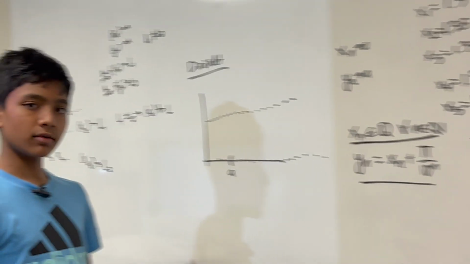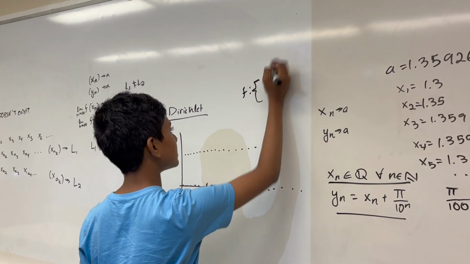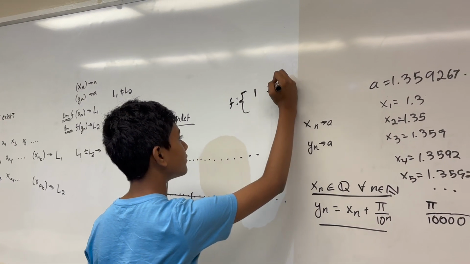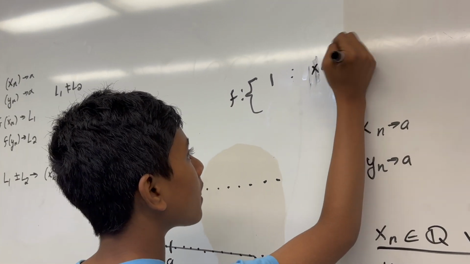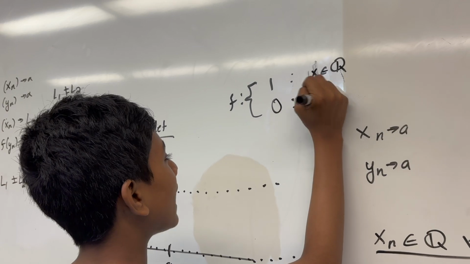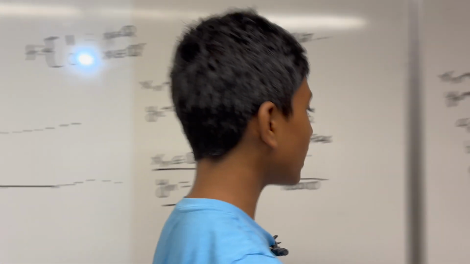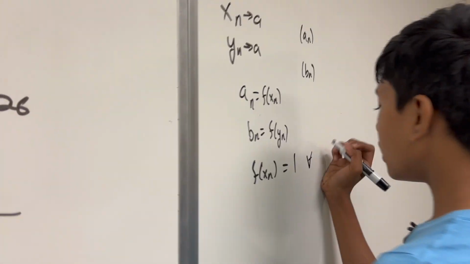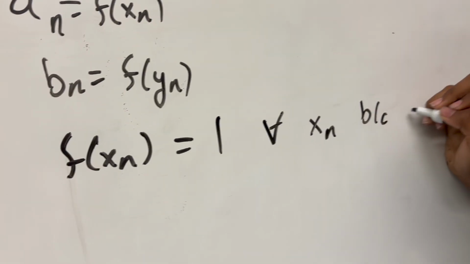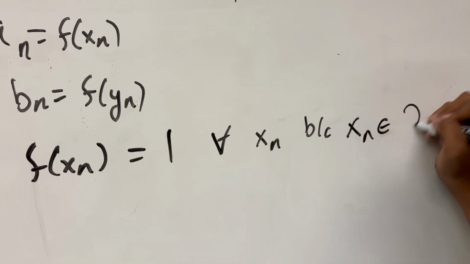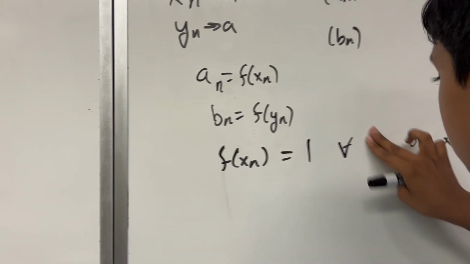And what happens when we plug in a rational number? Well, the Dirichlet function says that it's 1 if x is rational and 0 if x is irrational. So that means f of xn should be 1 for all n because xn is rational for all n.